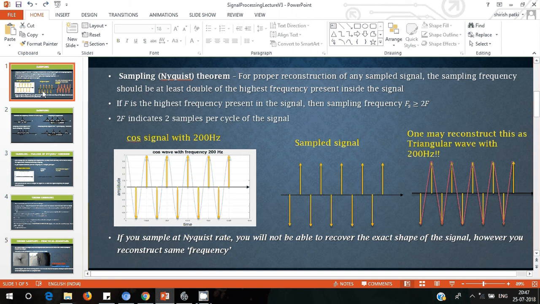It should obviously be higher than your Nyquist rate. So sample at least 10 times higher than your signal frequency. I hope you understood this concept. This is the basic idea behind the Nyquist theorem or sampling theorem.